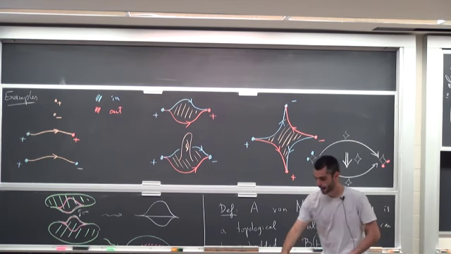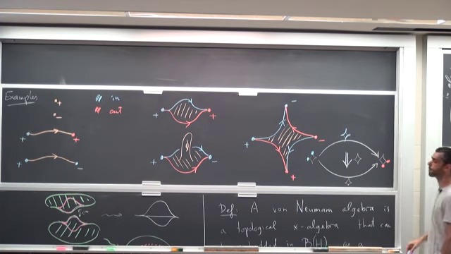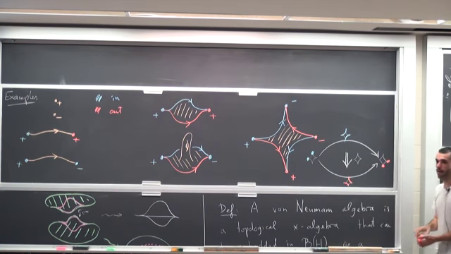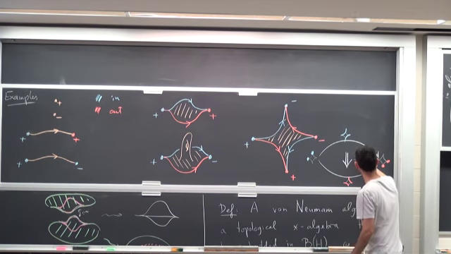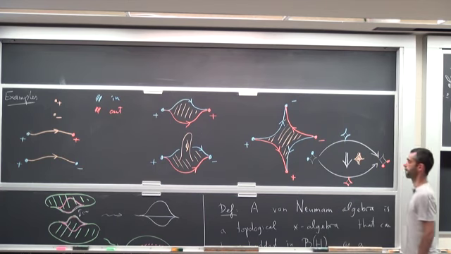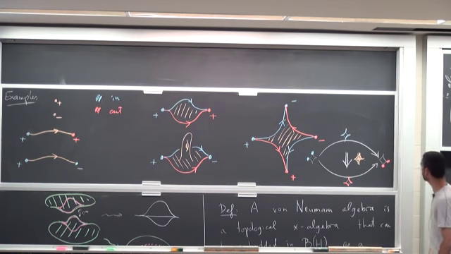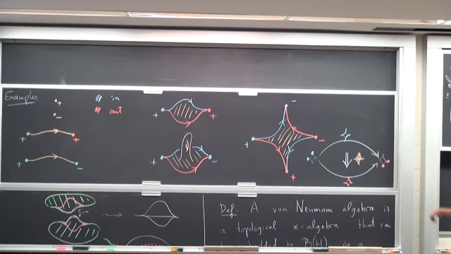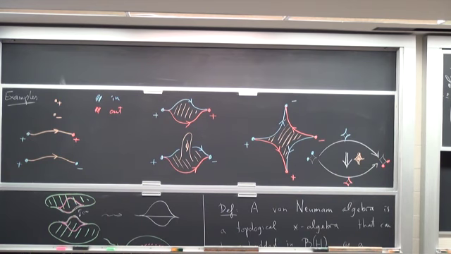Up here, I have this one manifold. Down there, I have that one manifold. And in the middle, we have the whole guy. Does that help a bit? And you need to put orientations on everything and check that the orientations are compatible. I hope they're compatible. I think they are.